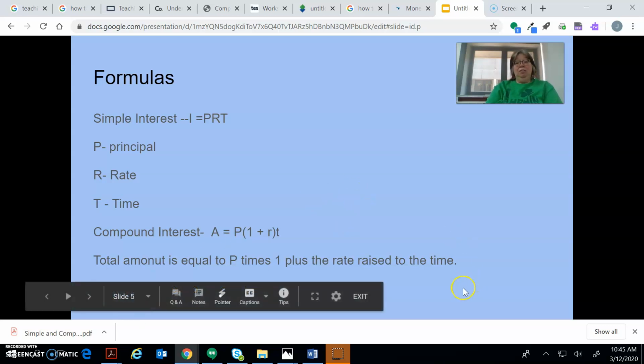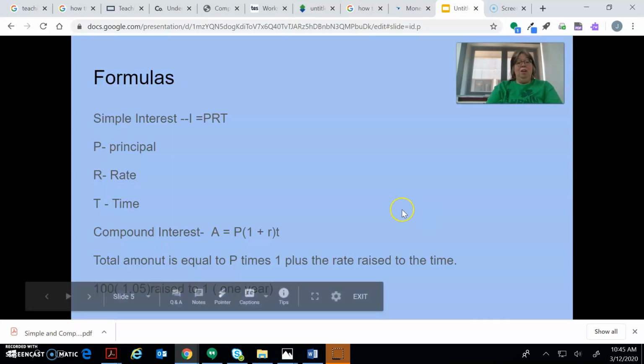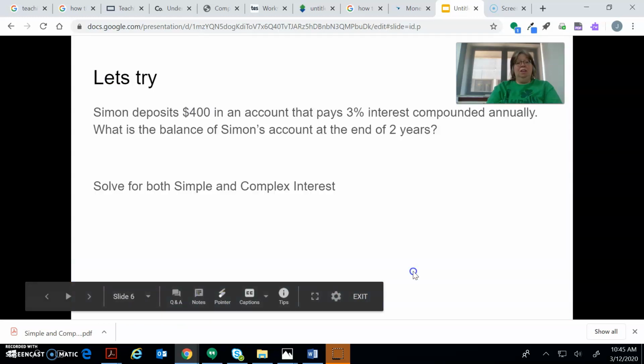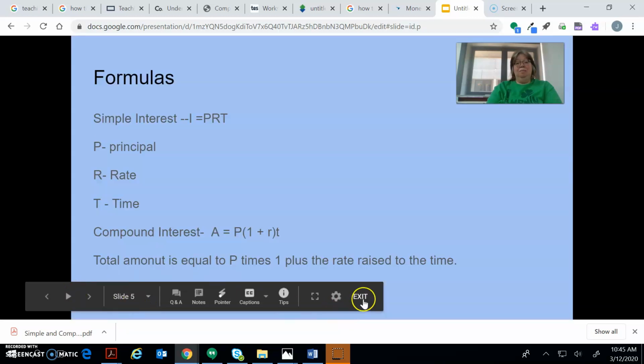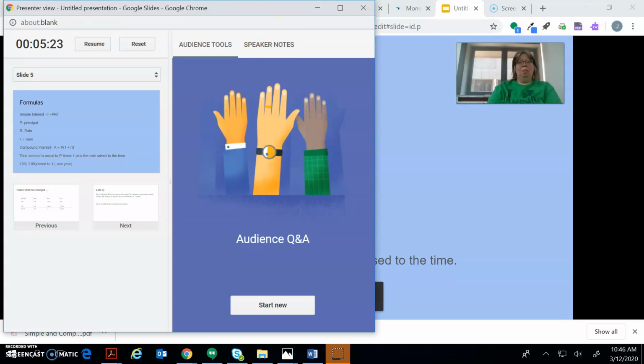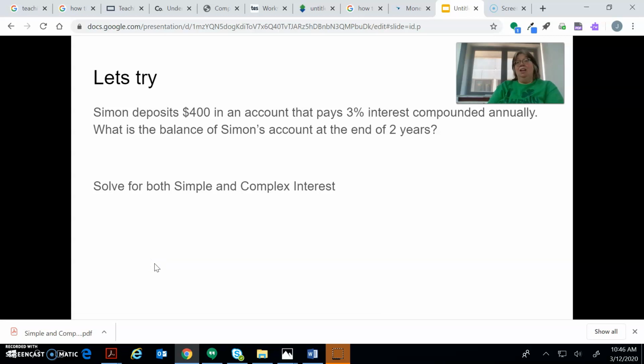So if we look at it, you're going to multiply 100 times 1 plus 0.05, so 100 times 1.05, and that will give you the compounded rate.